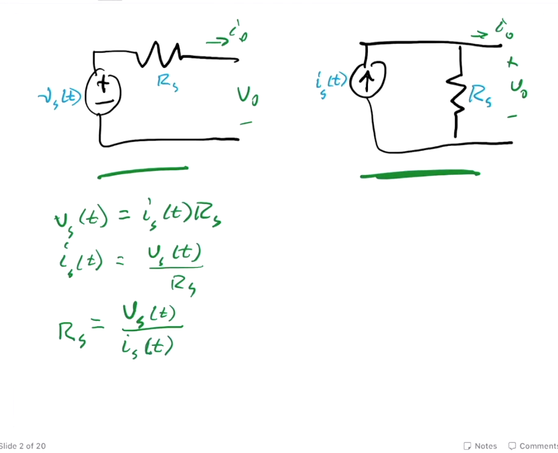If we know a current and we know a voltage, then by Ohm's law, it always holds. Ohm's law, it's always there. We never get to say it isn't true.